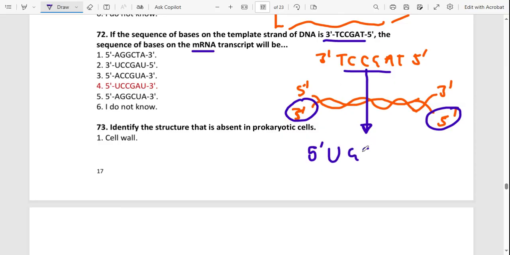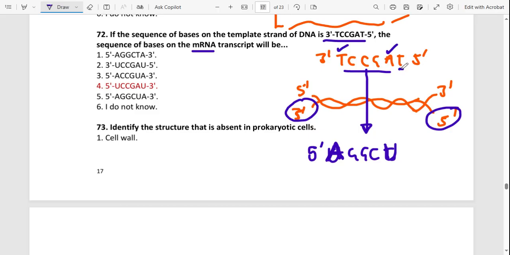C pairs up with G, C with G, G with C. A is supposed to pair up with T. Actually, the first one here, the T is supposed to pair up with what? Thymine is supposed to pair up with adenine, isn't it? And then here, adenine is supposed to pair up with thymine, but you are forming RNA, so we don't have thymine, so we're going to have uracil.